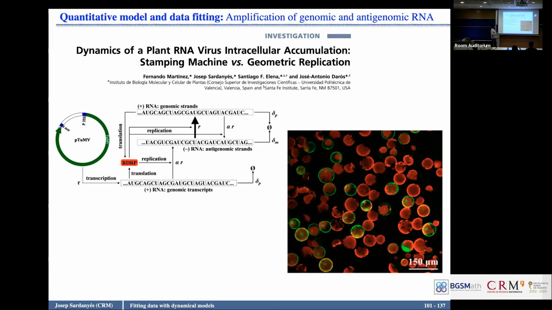Here we have different processes because, of course, we need to make a model that is based on the experiments. Here there is something that is not naturally occurring in a viral infection, which is this transcription. Because this is introduced in the cell, and this plasmid is continuously producing the genomic RNA, the positive sense RNA.